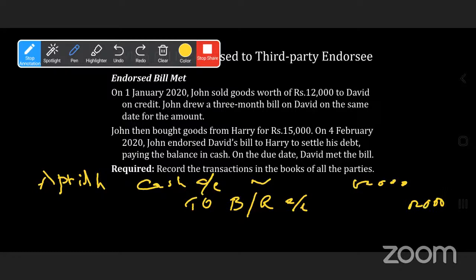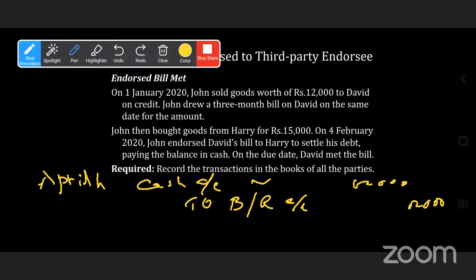Here we should not write the person's name. If it is a cash transaction, you should not mention the name. Only if it is a credit transaction, you have to mention the name. So here Harry received cash from David, and you should not mention David's name.